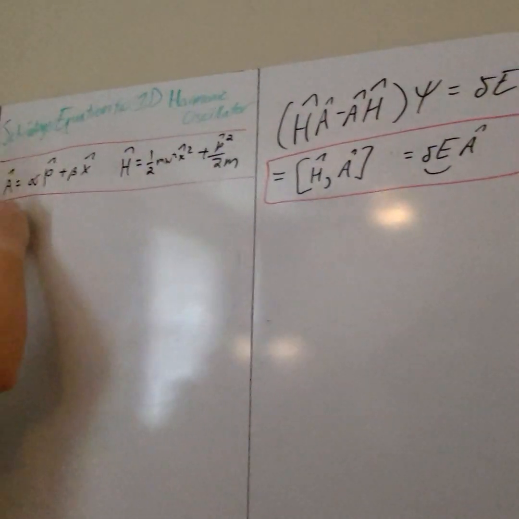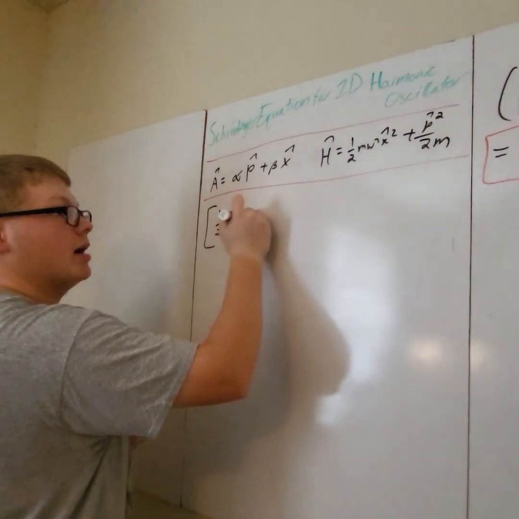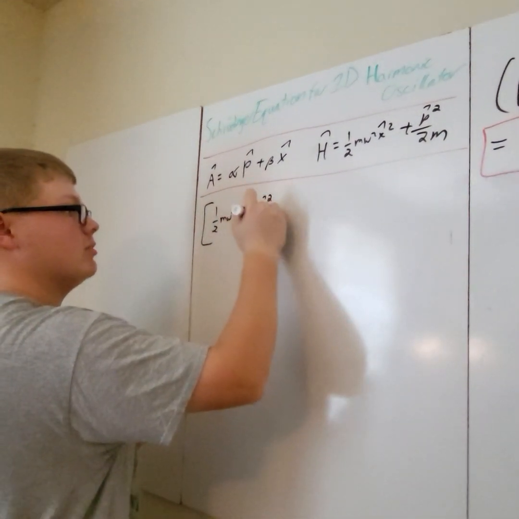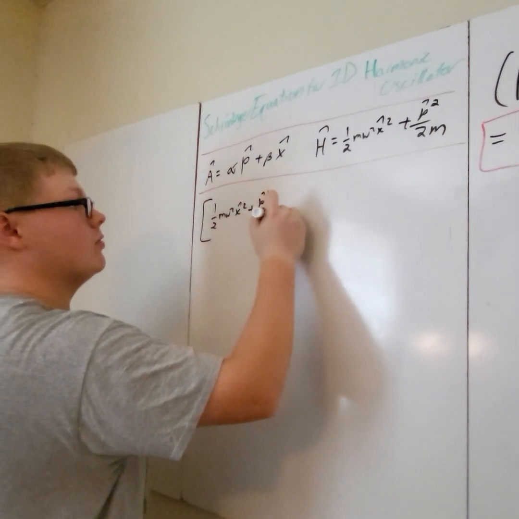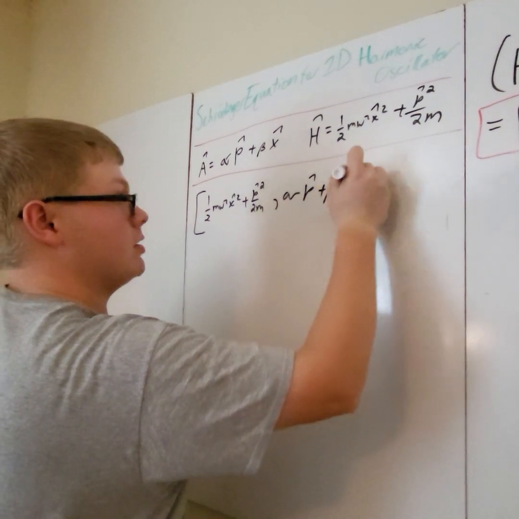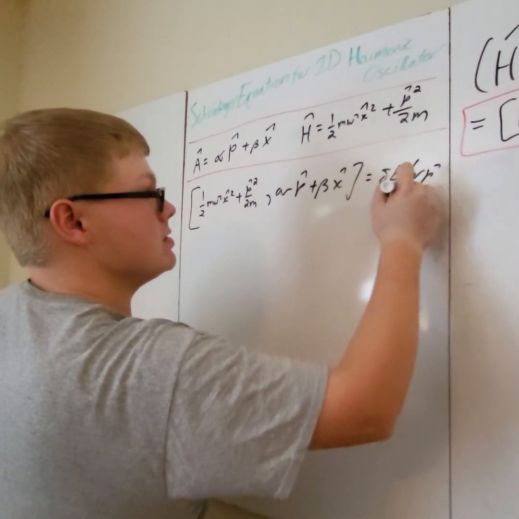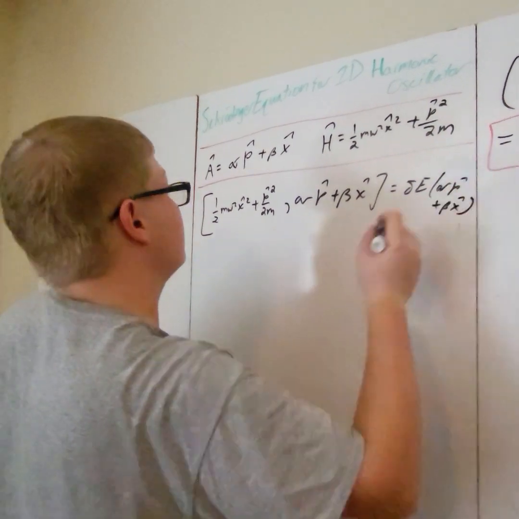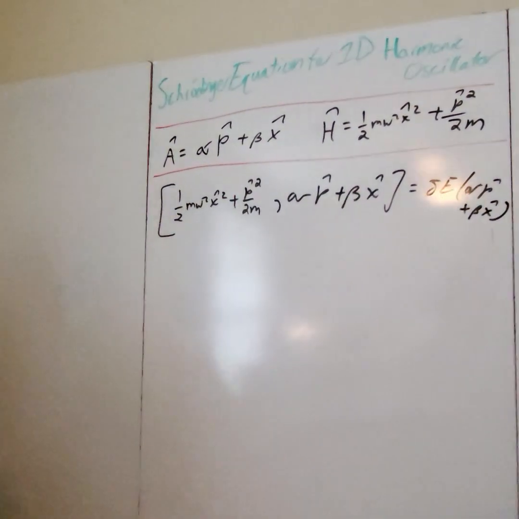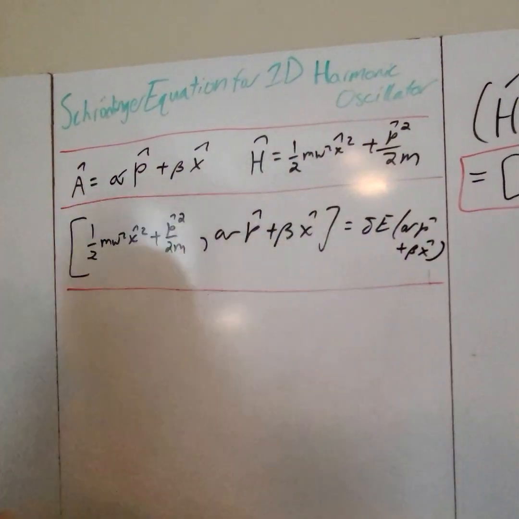And so the commutator of the Hamiltonian with A equals ΔE times (AP + BX). See how much easier this was once we actually got started. There we go.